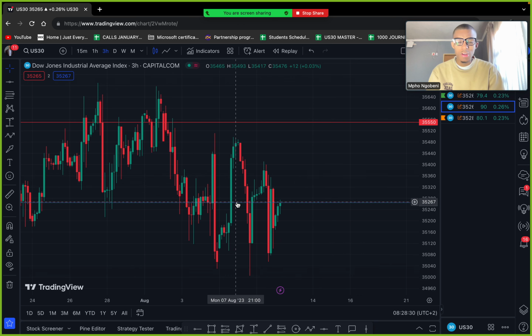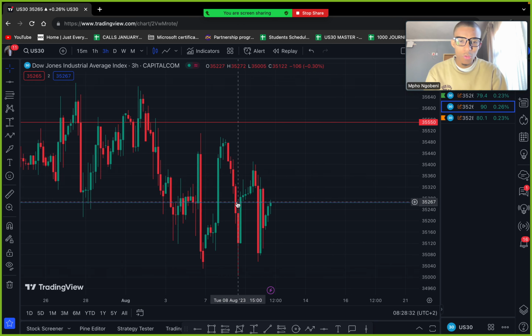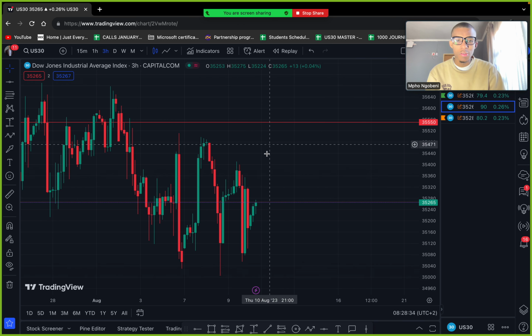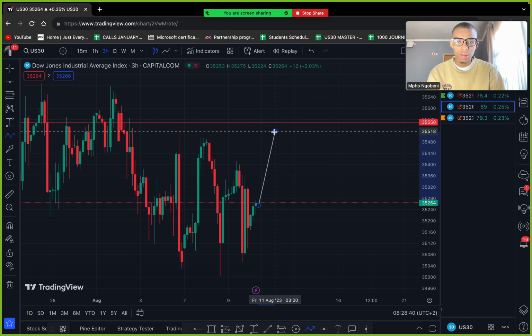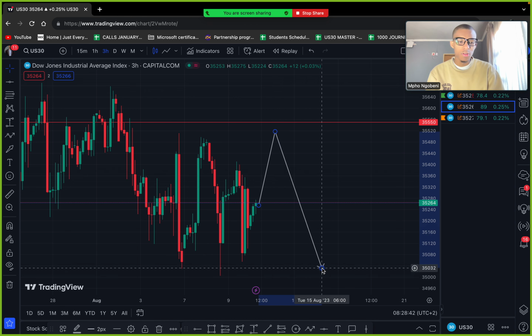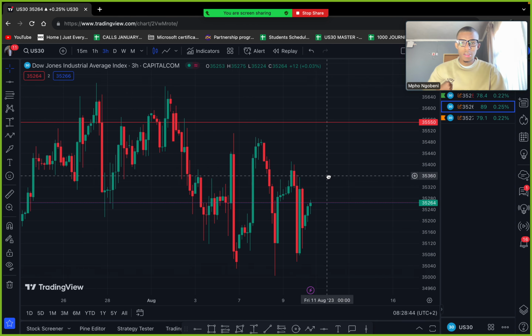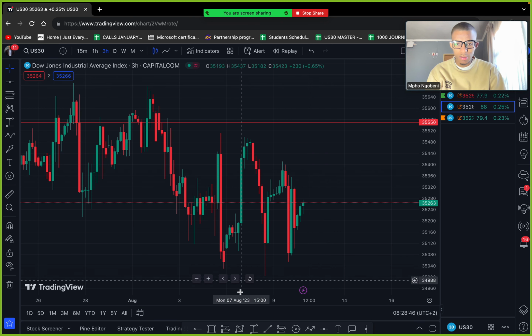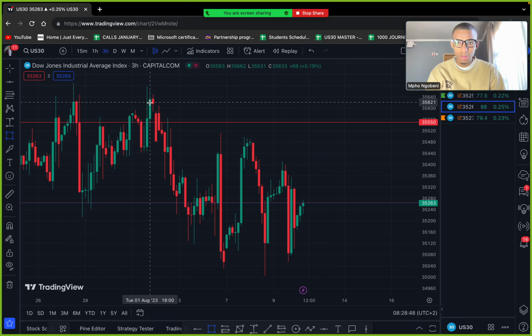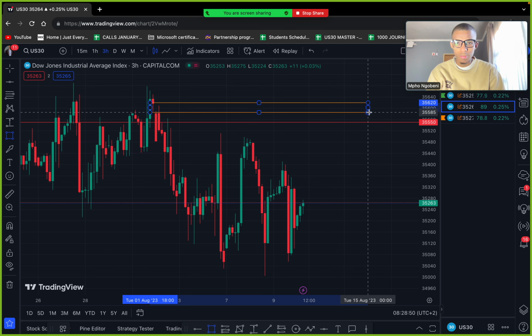So as I say, now we look for formations. What we know is that we have to push there. That's what we want. We want to push here so that we can now aim for sells. And I see here we have an imbalance there that has never been retested.